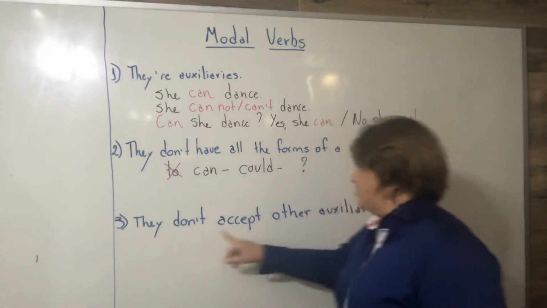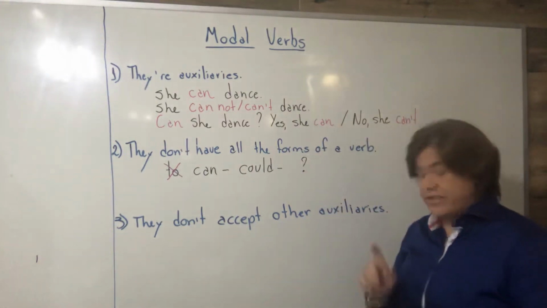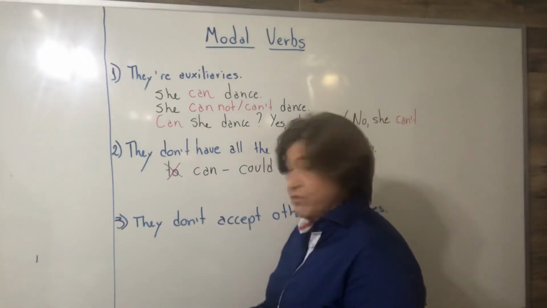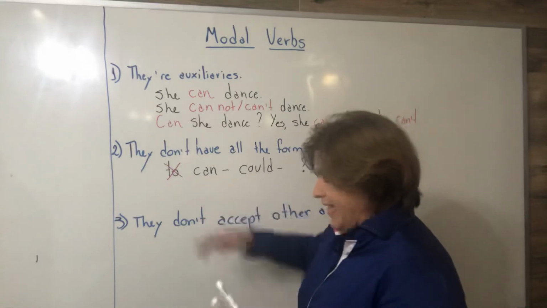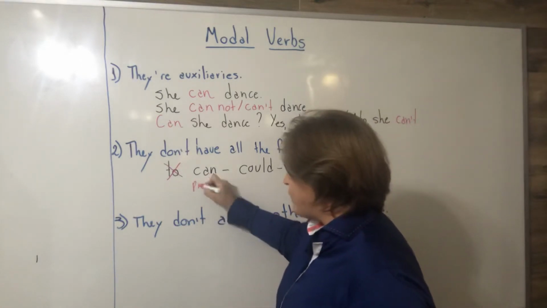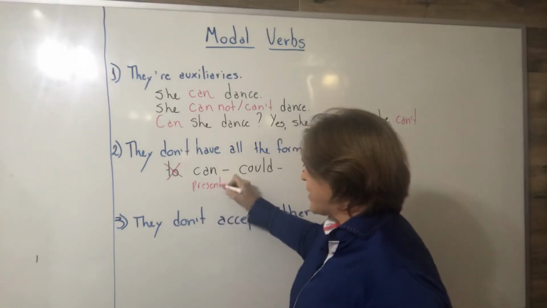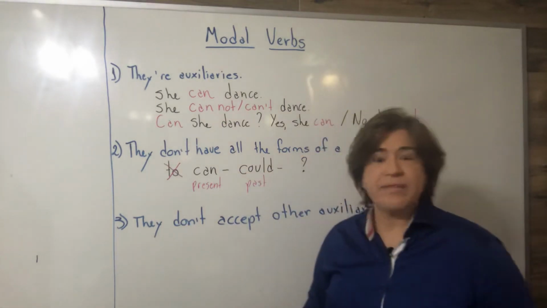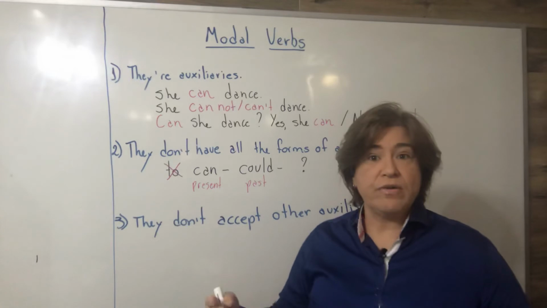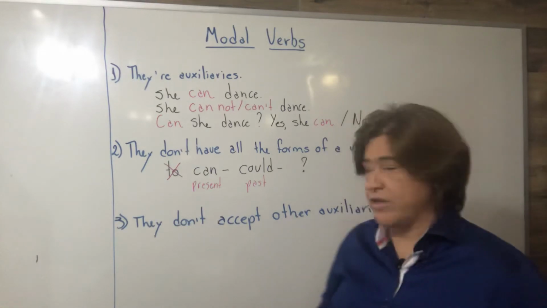Number 3, they don't accept other auxiliaries. Yes, students, I'm going to use can as an example. So I told you that can has a present form, right? And a past form. And then you ask me, okay, Luciana, so how can I use can in the future?